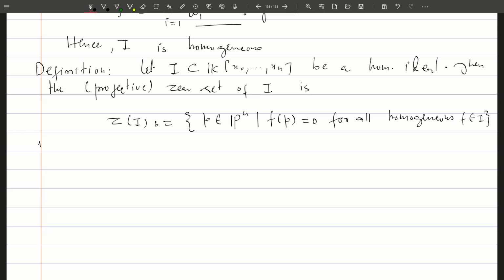Similarly, we have the definition for the ideal of a projective set. Let X be a subset of Pn.